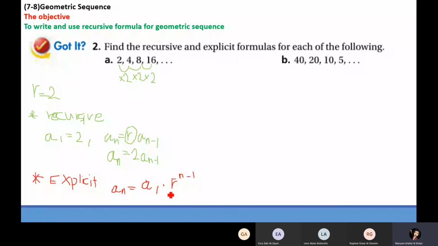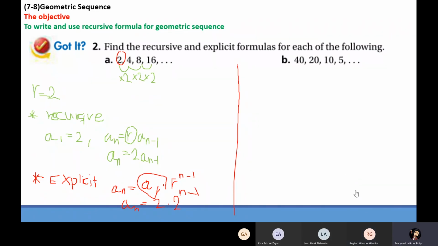A1 is given, so I must substitute. That's only the general form. An equals, what is a1? A1 is this one, times, what is r?